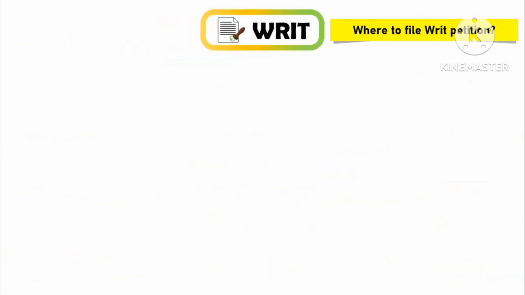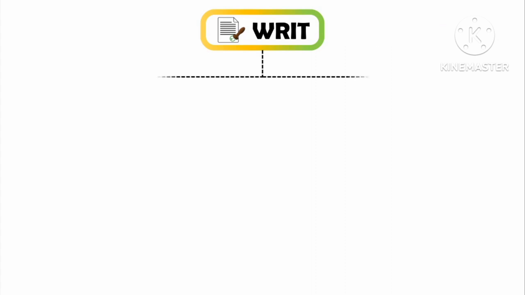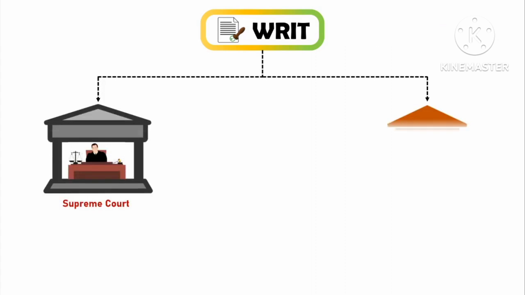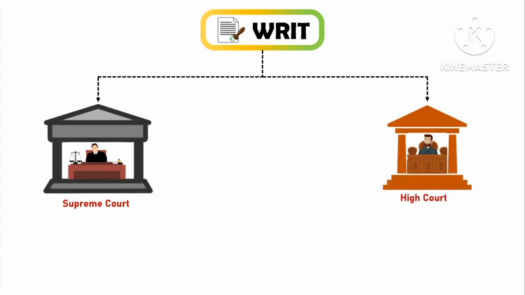Now the third question is, where can a writ petition be filed? As we have already discussed, a writ petition can be filed in the Supreme Court and the High Court. The Supreme Court has this power under Article 32 and the High Court has this power under Article 226 of the Indian Constitution.